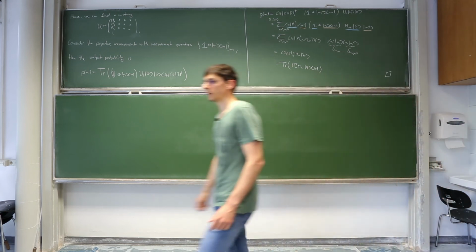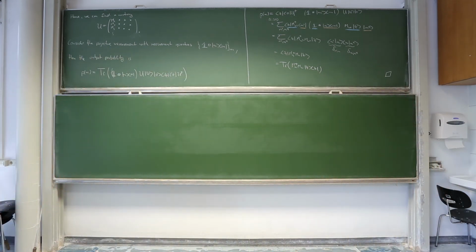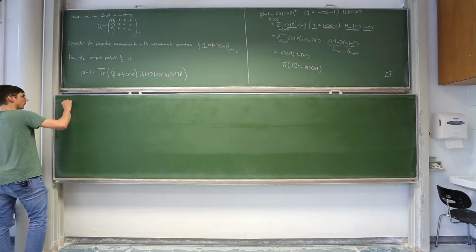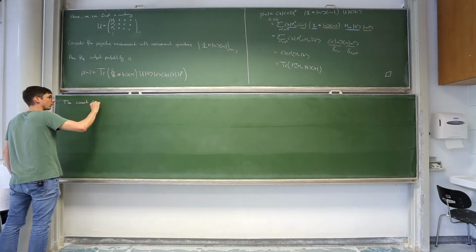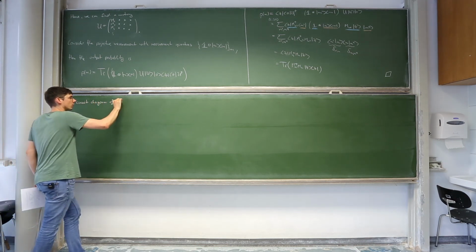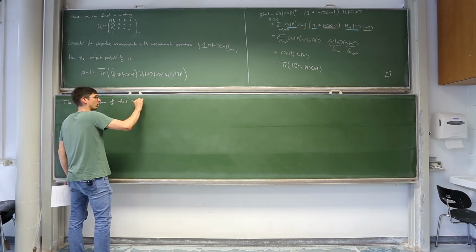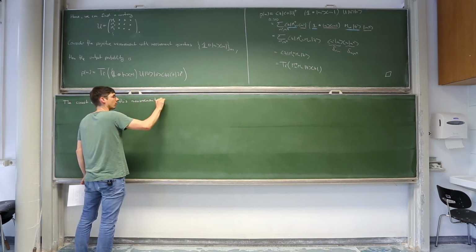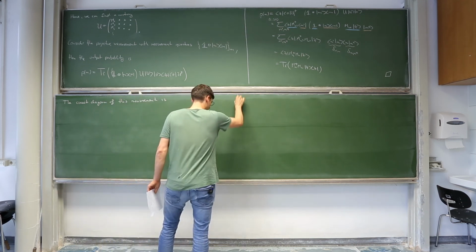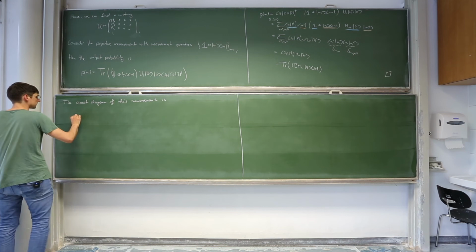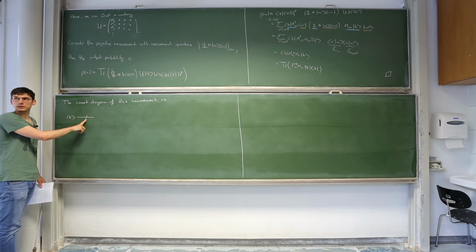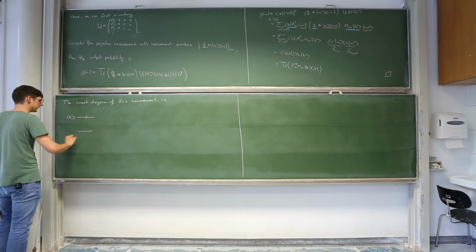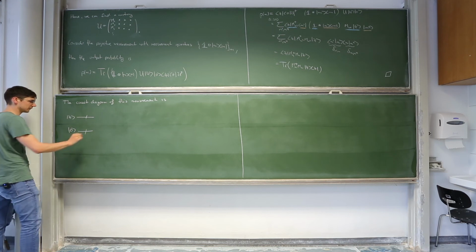Now let me also show you the circuit diagram of this measurement. So we have our state psi. Again, note this is a bundle of qubits. And we have our ancillary qubit 0, again a bundle.